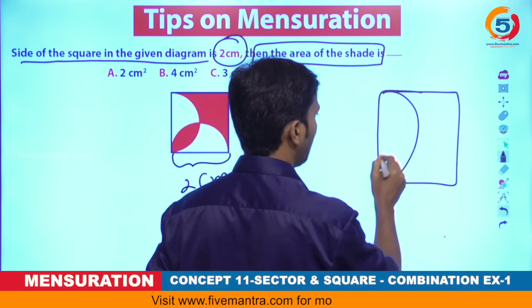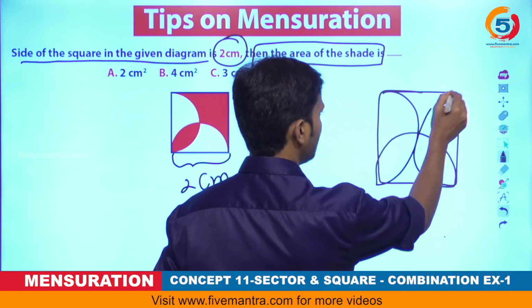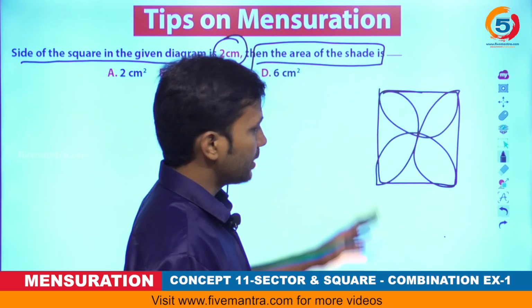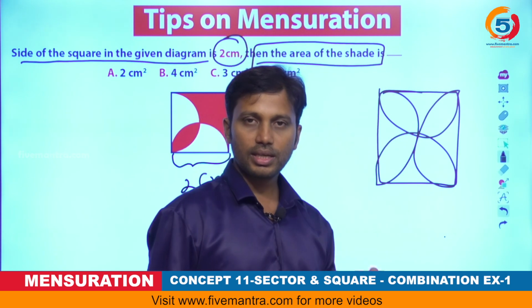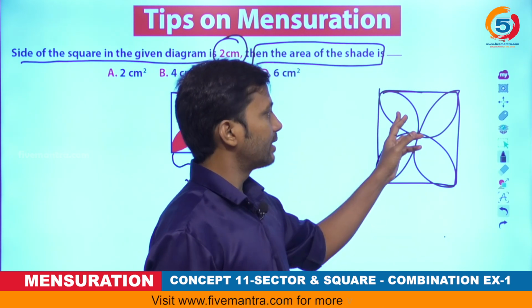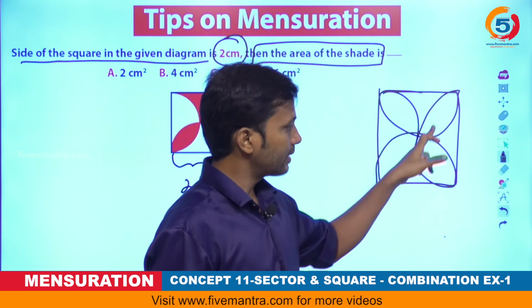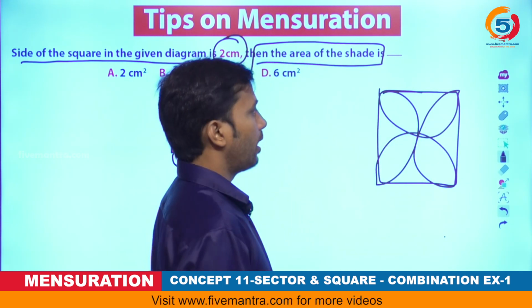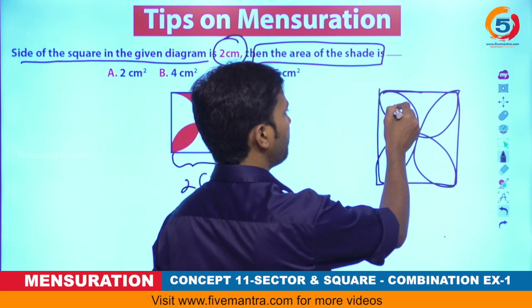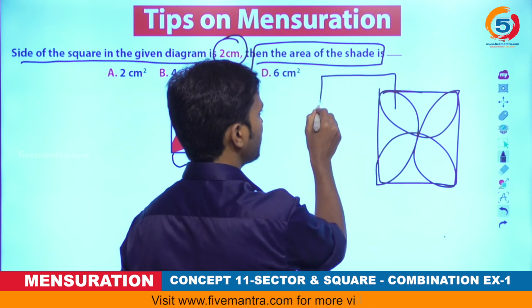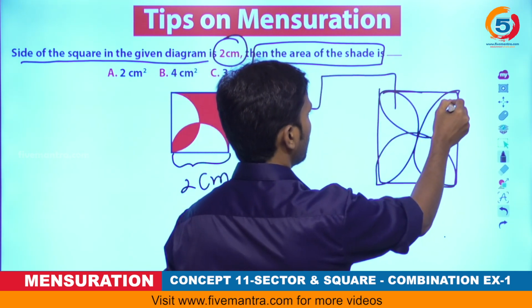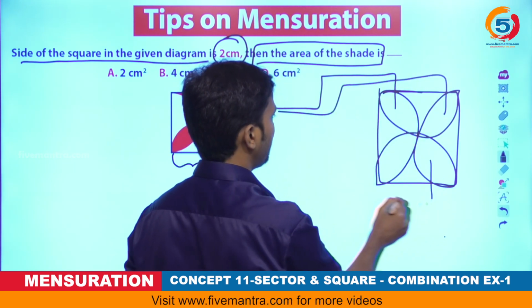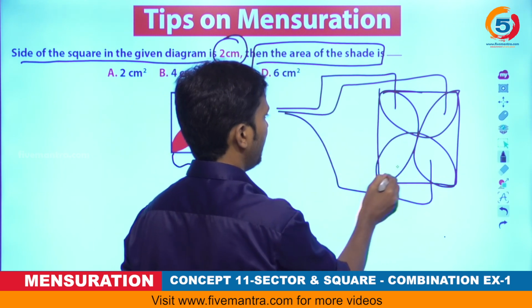Here, when we have the flowers like this, this is a square in which 4 semicircles are drawn, and they are describing this flower shaped area. What is the flower shaped area? It means these 4 petals: this petal, this petal, and this petal.